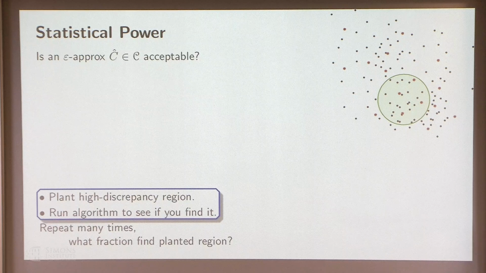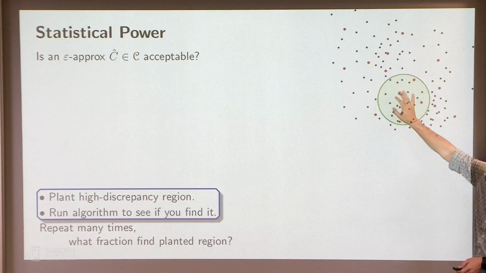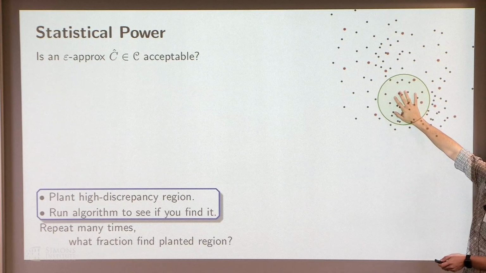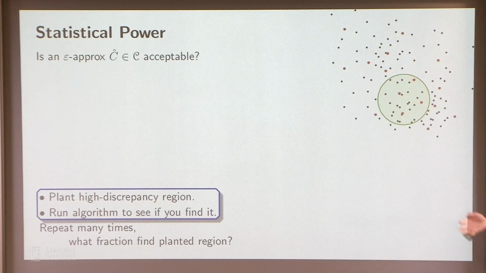And the idea is, if you plant a region that you know is in there, so I choose some disk, I put more measured points inside the disk than I do outside, am I still able to find the disk, even with this approximation, right? So these plots before were tuned so that we found it, but just to explain what this is, we do this and we repeat it many times.